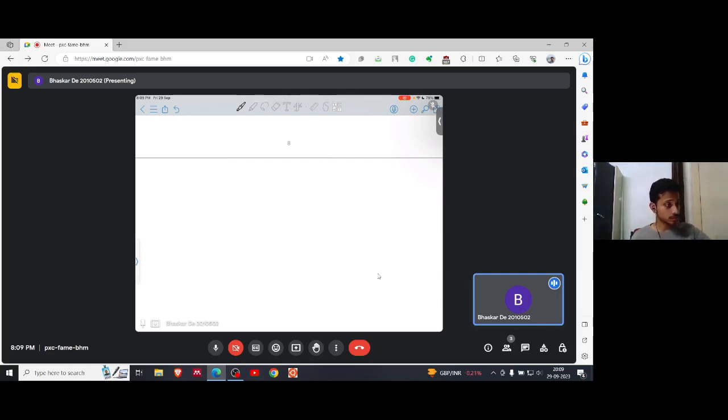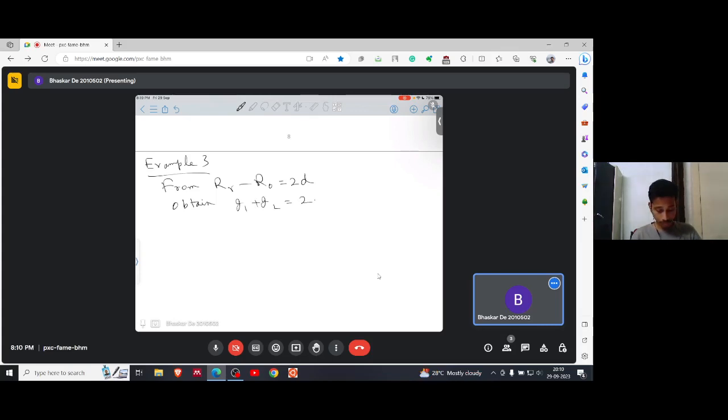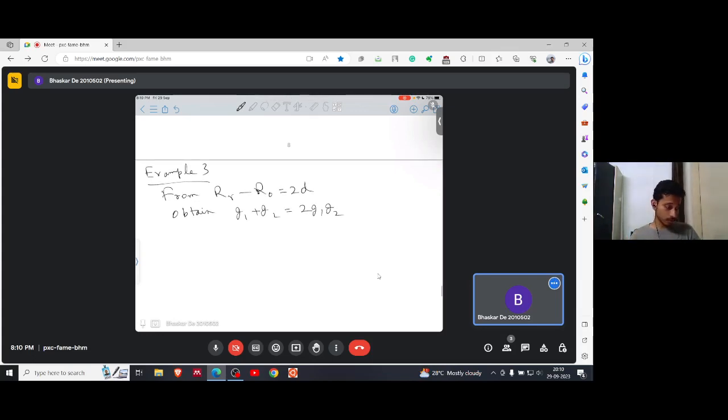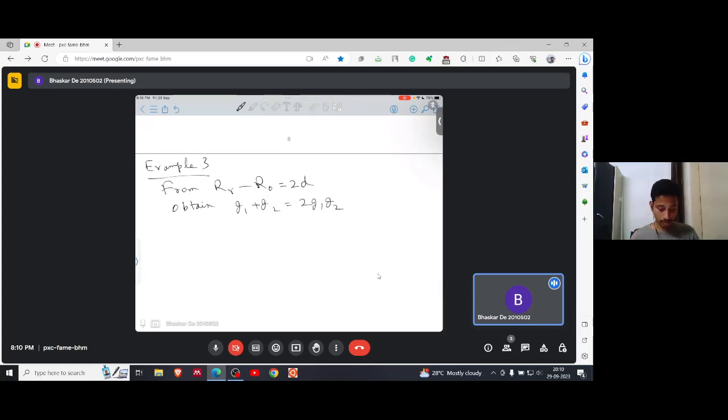Now we'll have an analytical problem. For an unstable resonator, from this equation and using the usual notation, obtain this.